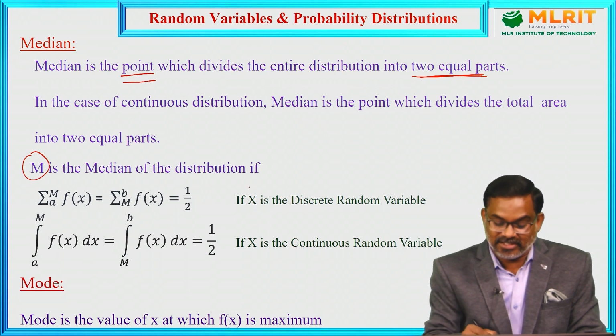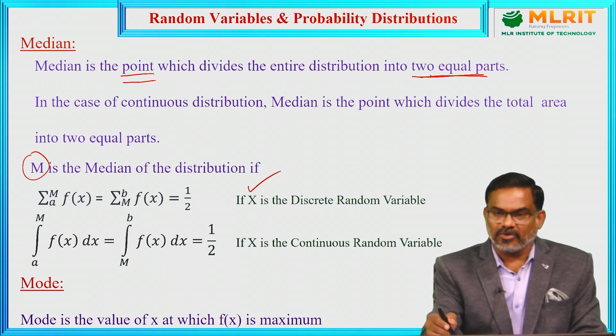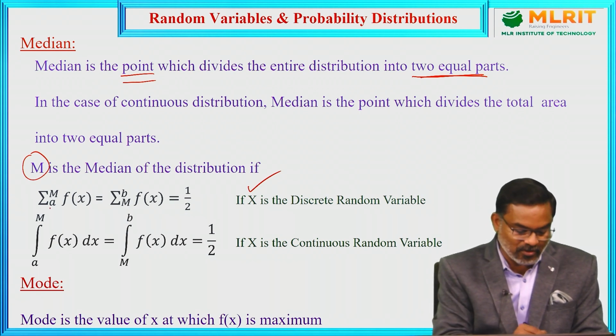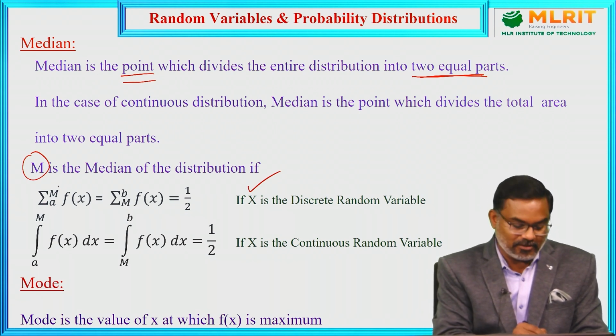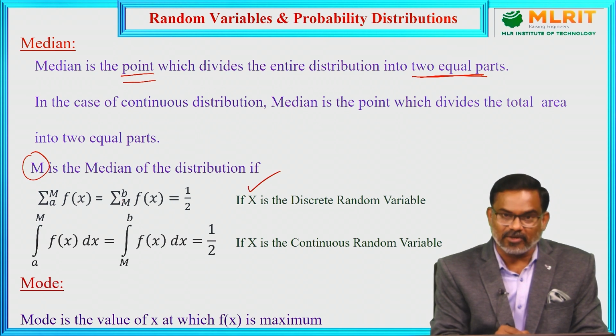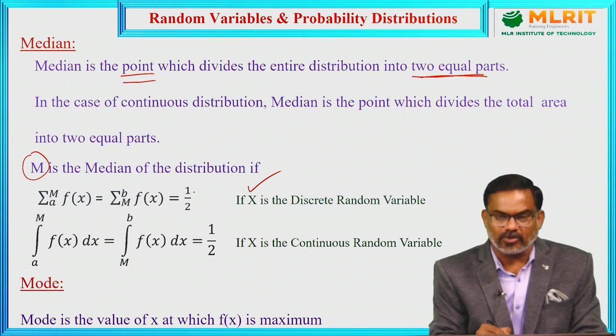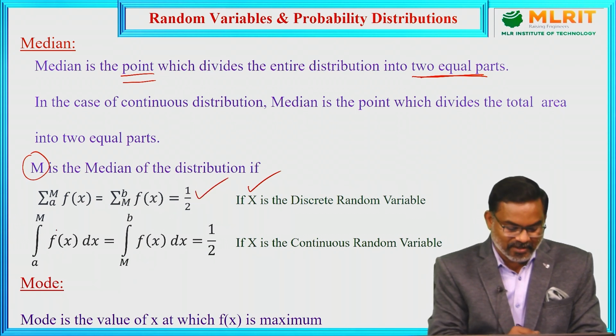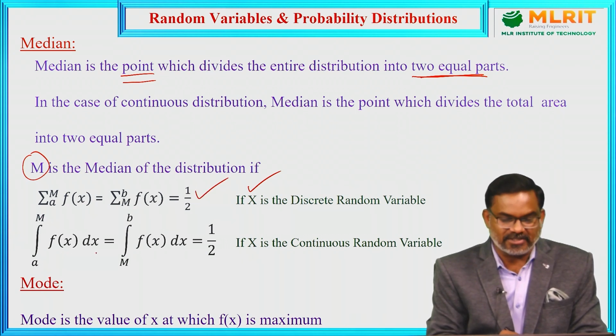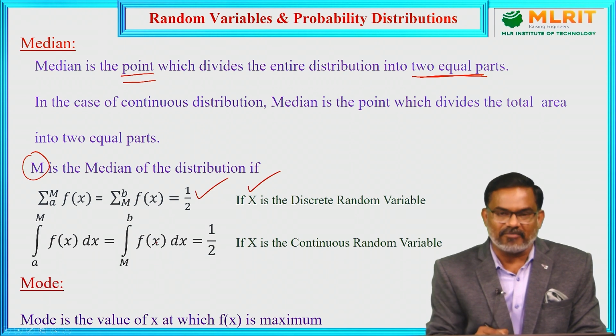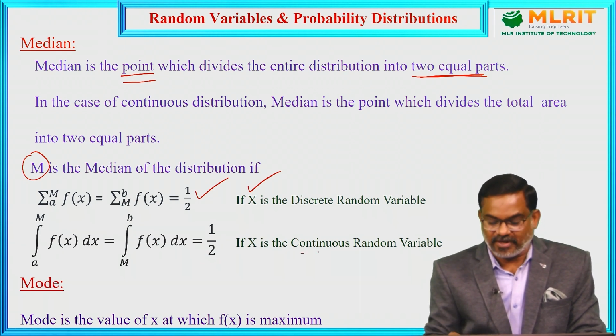If x is a discrete random variable, as we have just defined, the median divides the entire distribution into two equal parts. So sigma from a to m f of x is equal to sigma from m to b f of x, each value equal to 1 by 2, half. Similarly, integral a to m f of x dx is equal to integral m to b f of x dx, which is equal to half in the case of a continuous random variable.